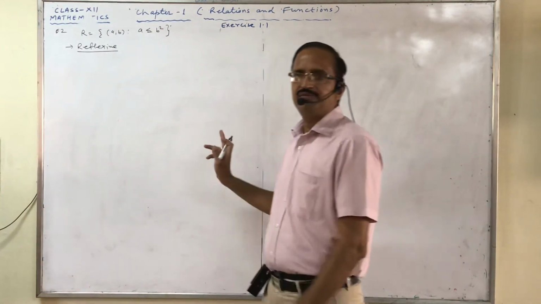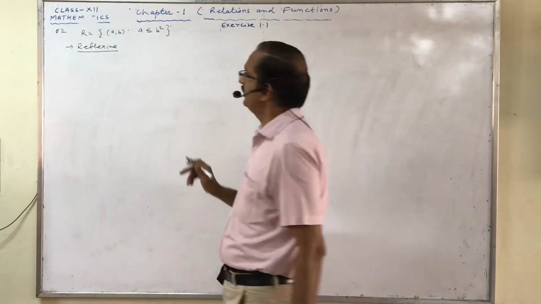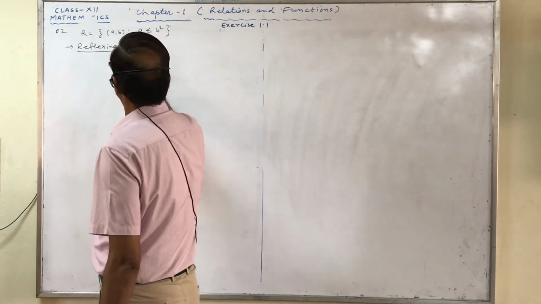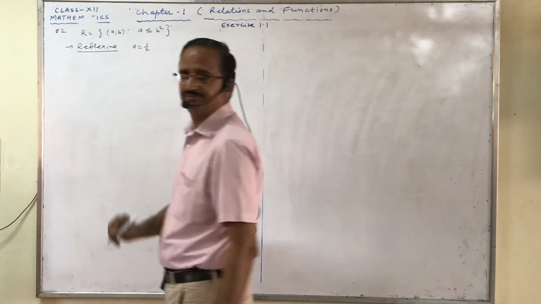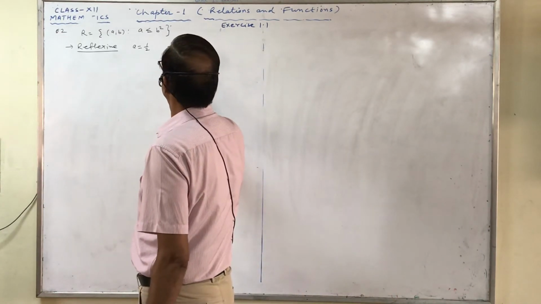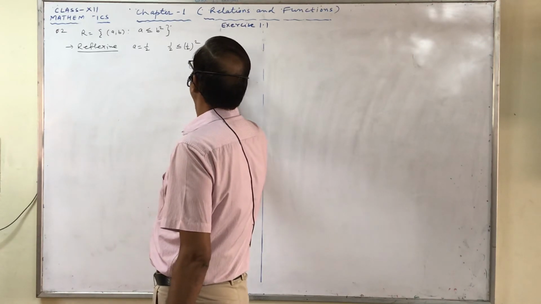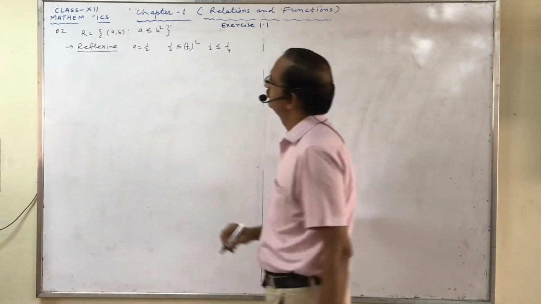This is the set defined in the set of real numbers. So I am taking one example. Suppose a is half. Now check whether half is less than or equal to half square. So half is less than or equal to 1 by 4.